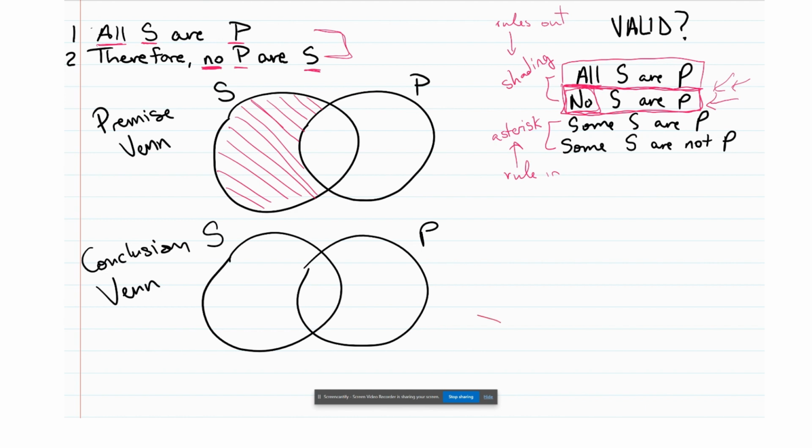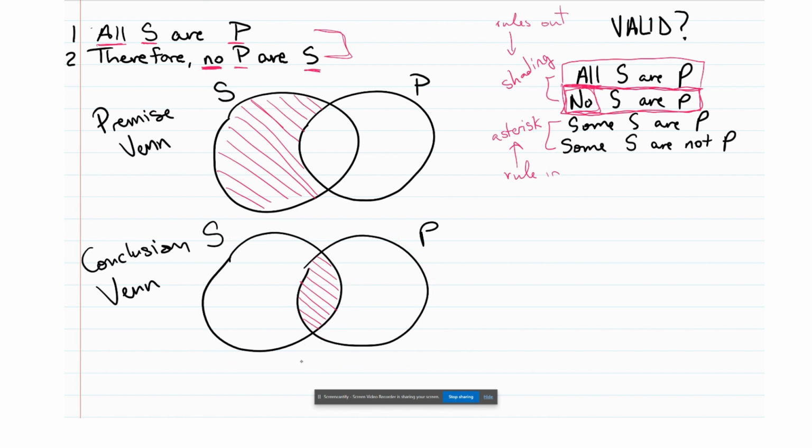So let's take a look at our Venn diagram specifically over here. Now the idea here is that no P are S. So that means that we're ruling out the possibility where P's are S's. So we have to rule out or shade everywhere where a P is an S. And so that might become really obvious to you. We're shading right here. We're shading all the possibilities where the P's, so this thing, is also an S, this thing, right?